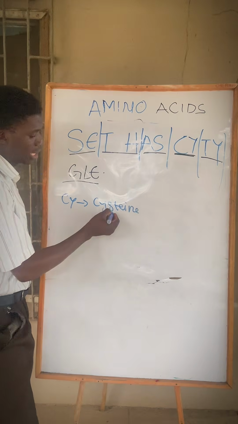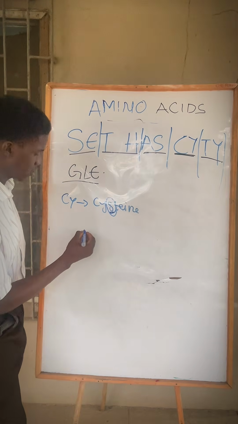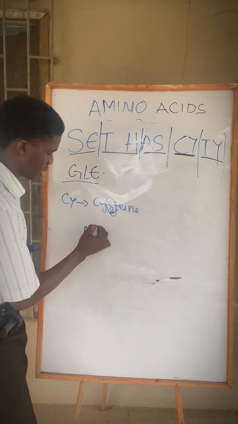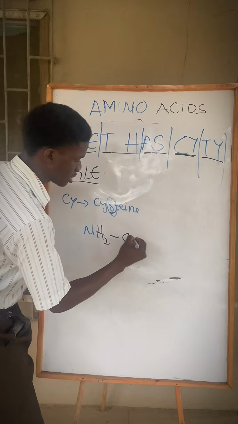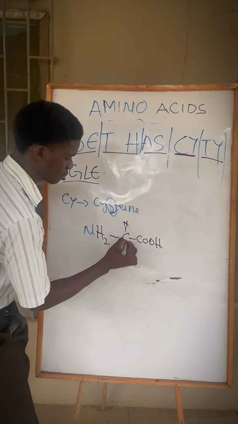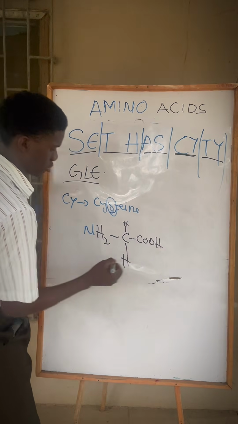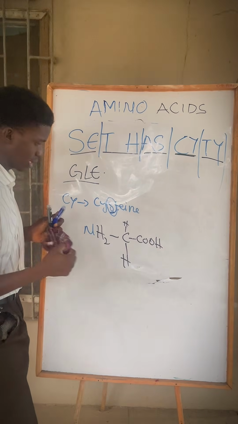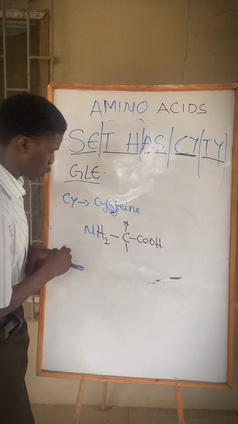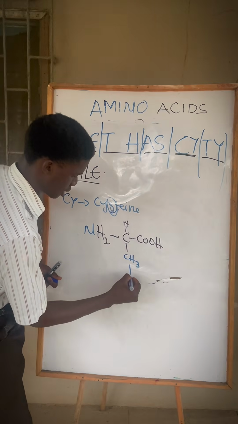Just alanine and add this S. NH2, COOH, H. The structure of your alanine first, sorry, CH3 and SH.